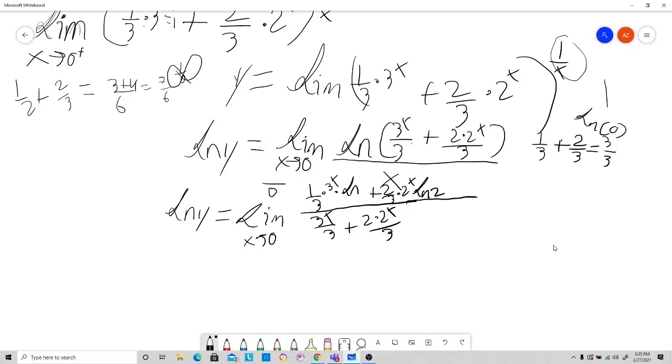And then the denominator will just become a 1, so we don't really have to do much there.